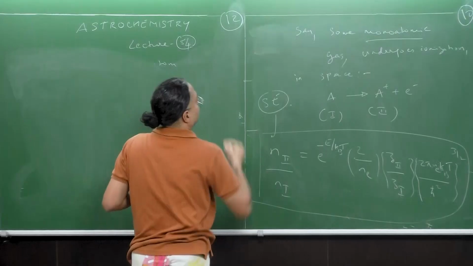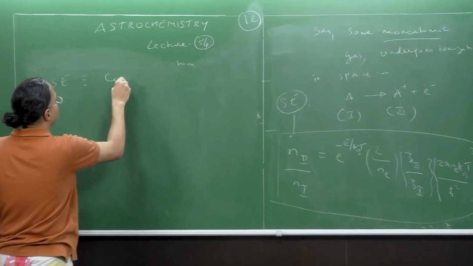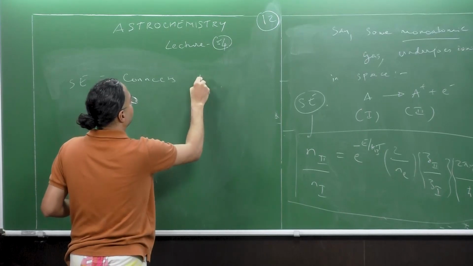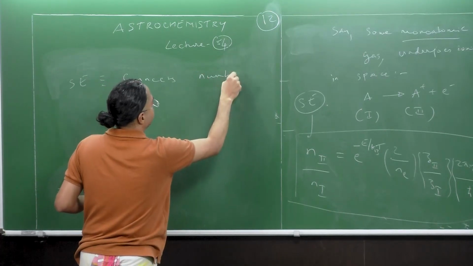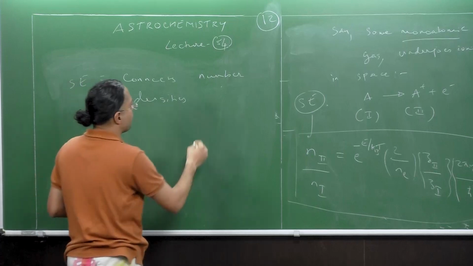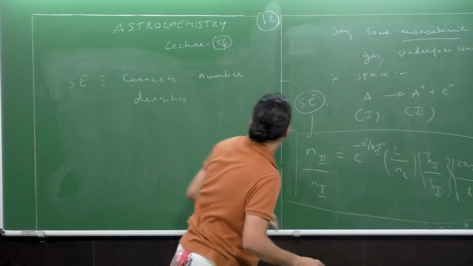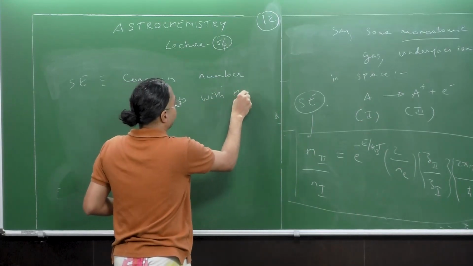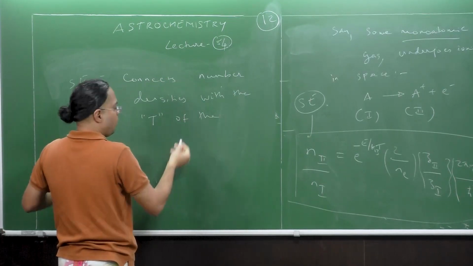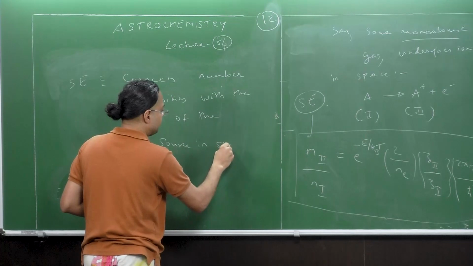So what the Saha equation does is, it connects the number densities of the species undergoing ionization, including the electron, with the temperature of, let's say, the source in space.